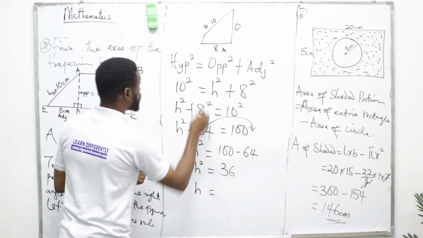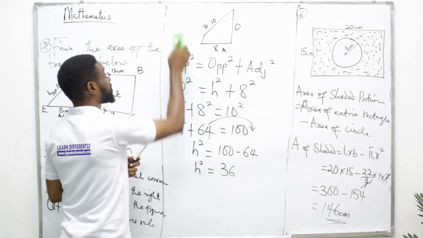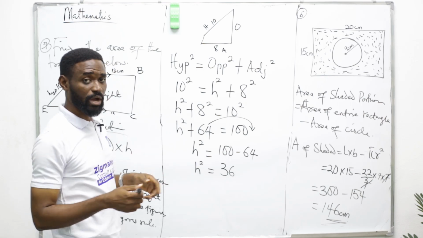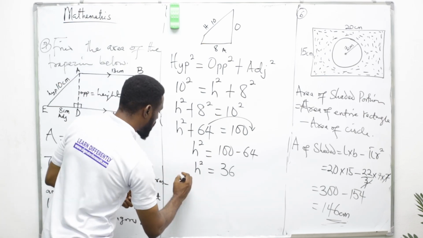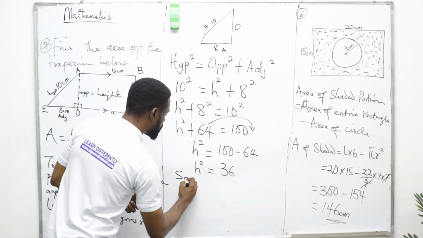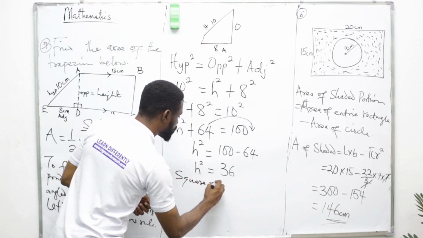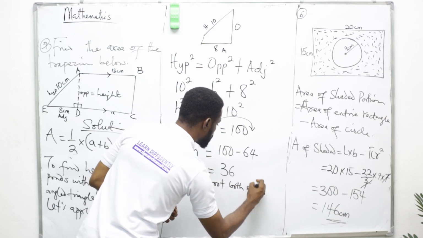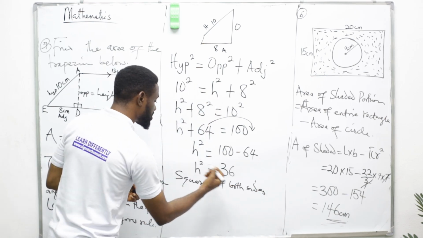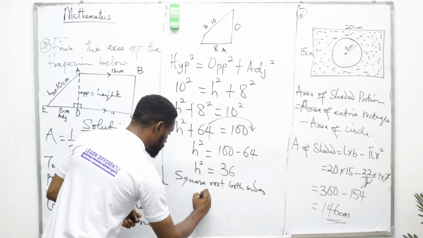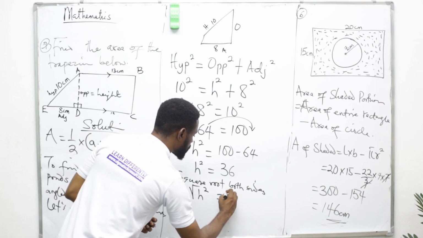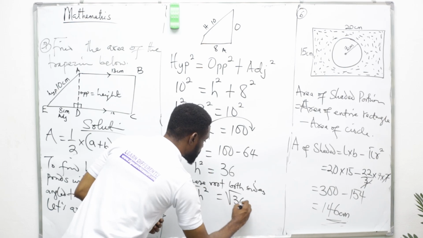Let me show you what I mean. When you have a square on any particular quantity you want to find as subject, just square root both sides. Do you get that now? It means that h squared under square root is equal to the square root of 36.